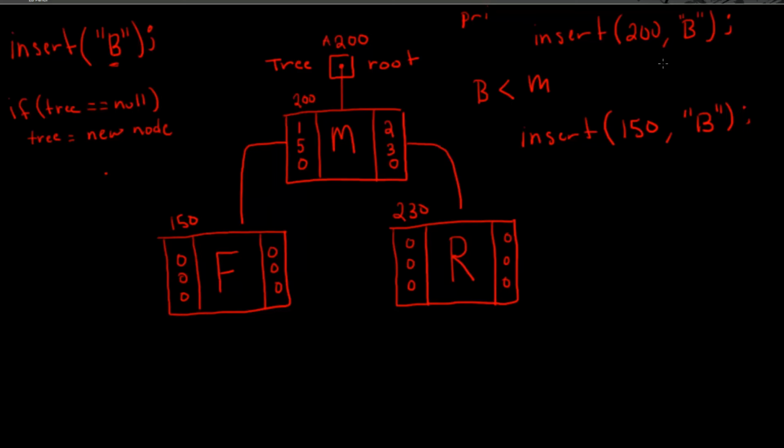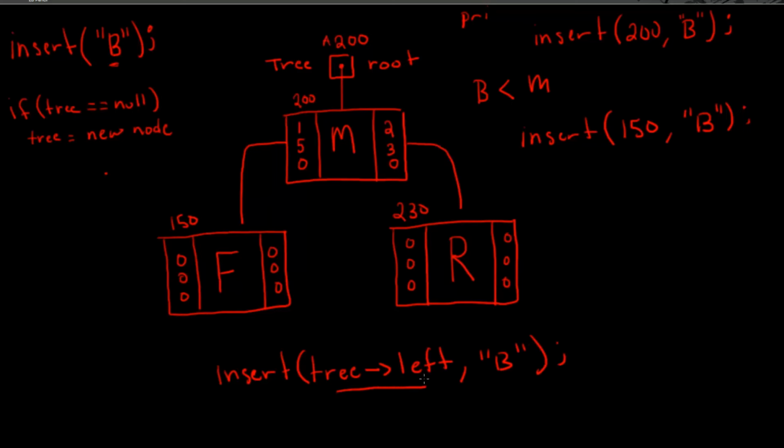Since we're not actually working with actual addresses in the code, the way we would reference the next node is by writing insert, tree, and then we go left, and then we pass the value, whatever it is.